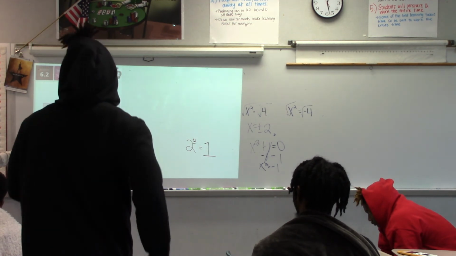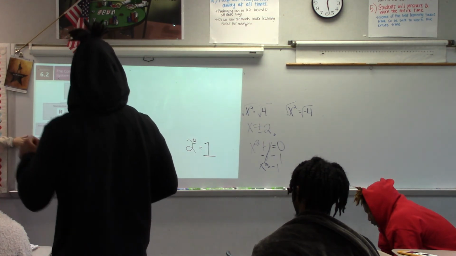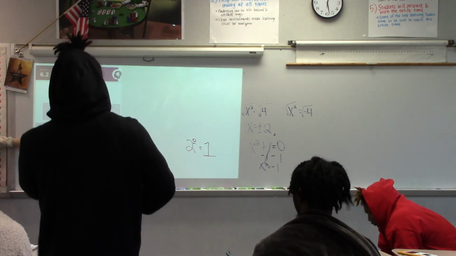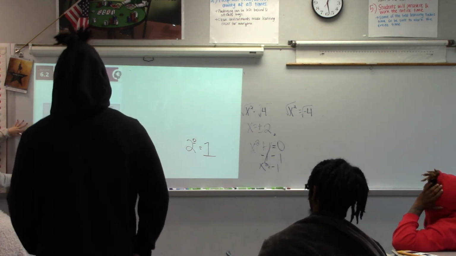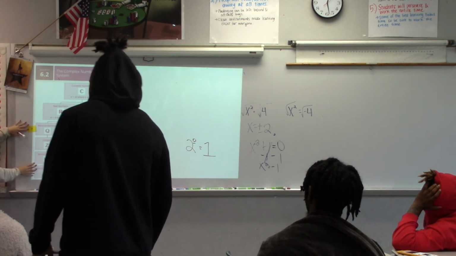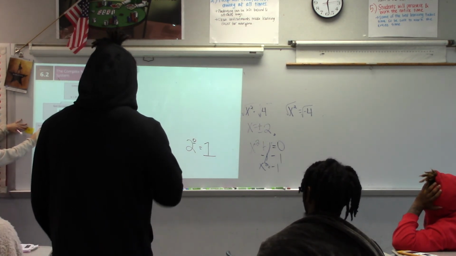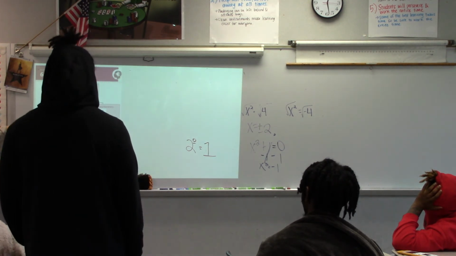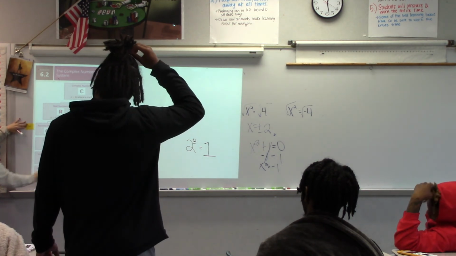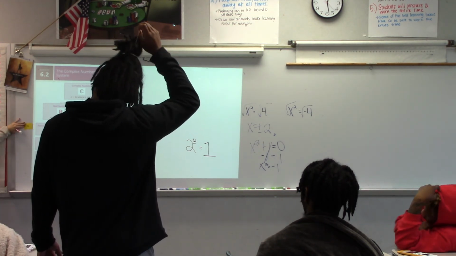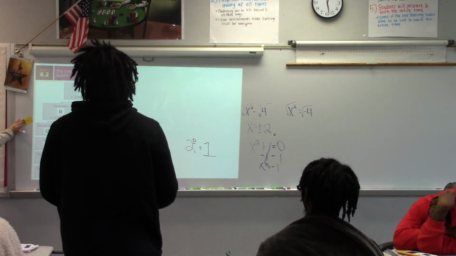Remember, all natural numbers are whole numbers, all whole numbers are integers, all integers are rational numbers, but that doesn't necessarily mean the same thing going backwards. What's a whole number that's not a natural number? 0. So we can go one way, but not always the reverse.